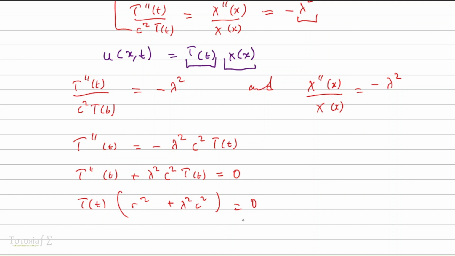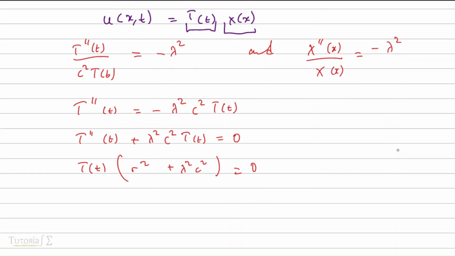Are we following? Yes. So here we solve for T: either T of t is equal to 0, or we solve for r squared. When we transpose, we're going to have r squared equals negative lambda squared c squared.